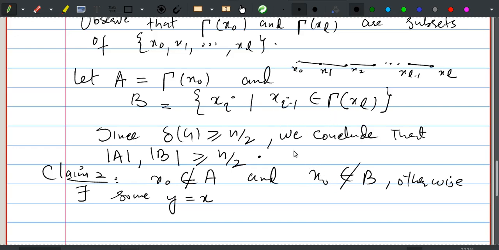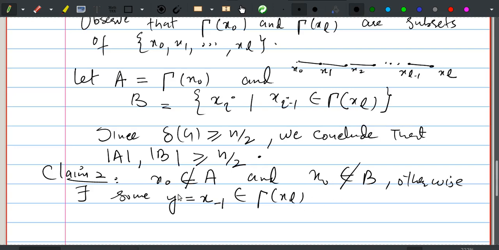x0 is not in B. If x0 is in B, that means x0 minus 1 is a neighbor of xl. But that is not the case, as we have mentioned earlier that the neighbors of xl belong to this set. So xl cannot have a neighbor of the form x subscript minus 1, say y.